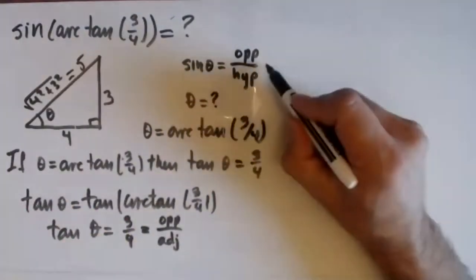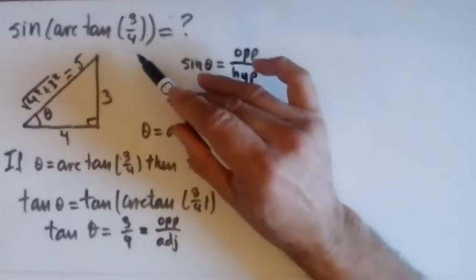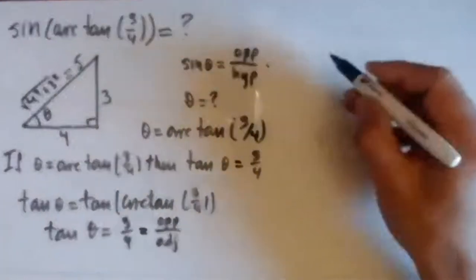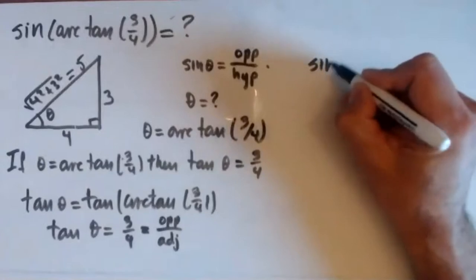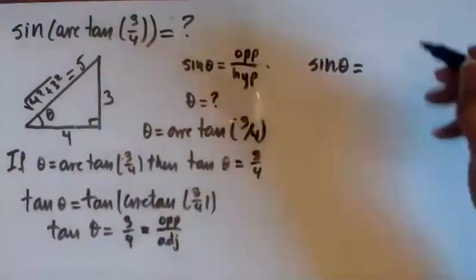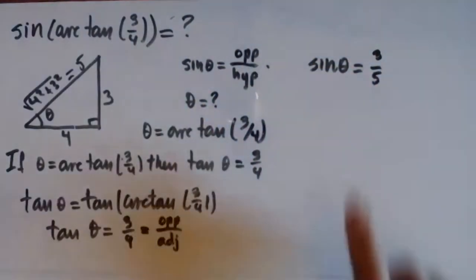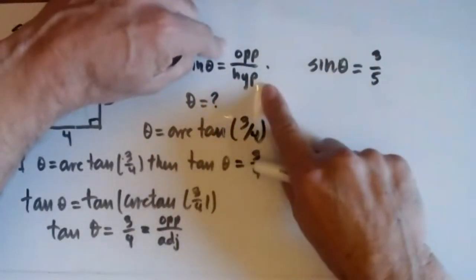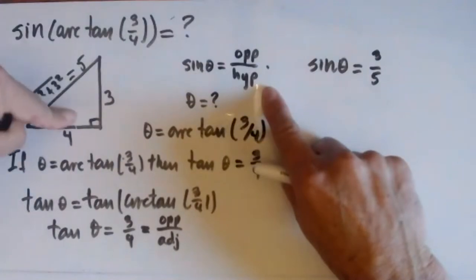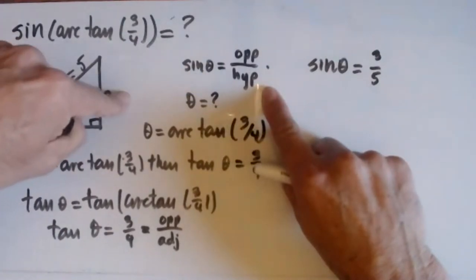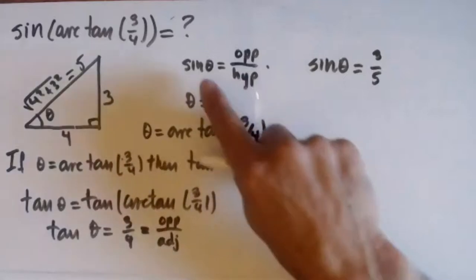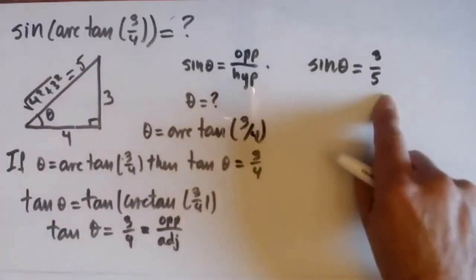So to answer this problem, the only thing I have to know is that the sine of the angle in this triangle is 3 over 5. You see? This is the definition of the sine, opposite over hypotenuse. From this triangle, this is the opposite, this is the hypotenuse. So the sine of the angle is 3 over 5.